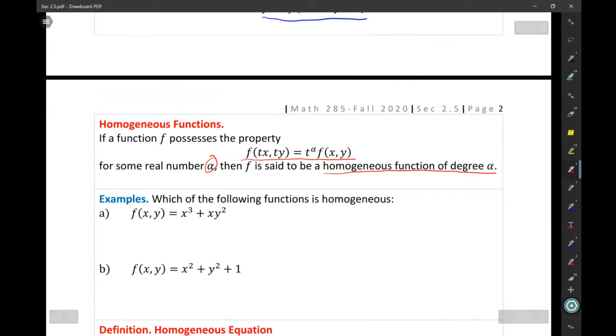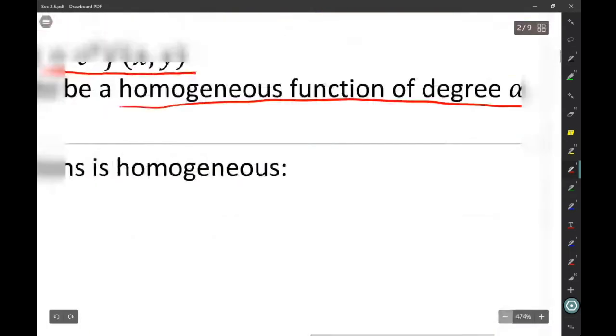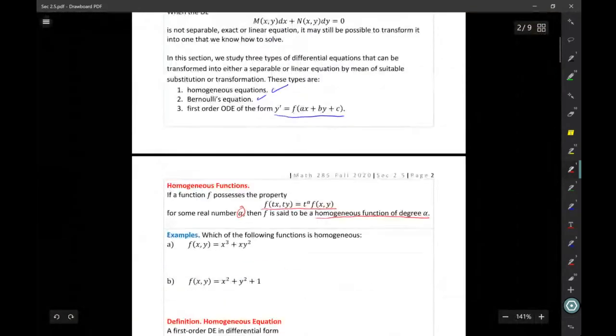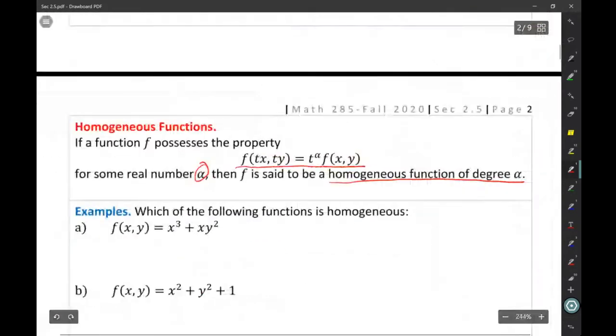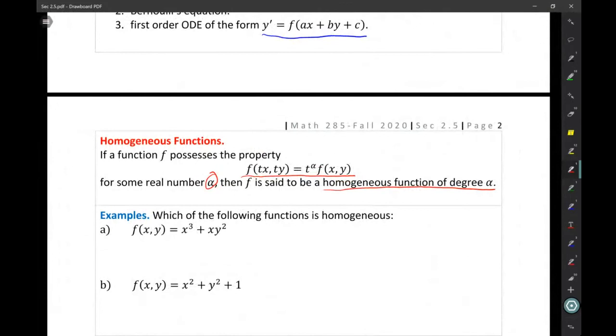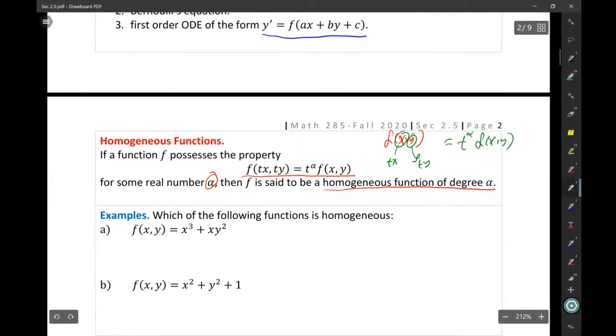That means if in the function f of xy, you replace each x by tx and each y by ty, you will get t to the power something times the function itself. Then the function is called homogeneous of this order or degree alpha.